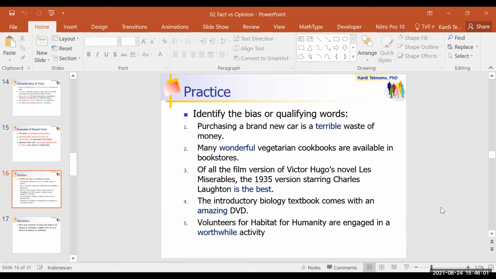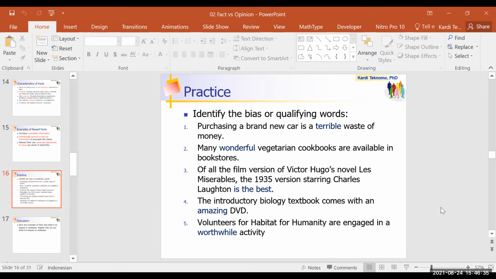Okay, why? Which qualifying word makes it biased? Terrible. Correct. Okay, number 2. Is number 2 biased or not? It is biased. What qualifying word makes it biased? Wonderful. Correct. So all of those are biased.